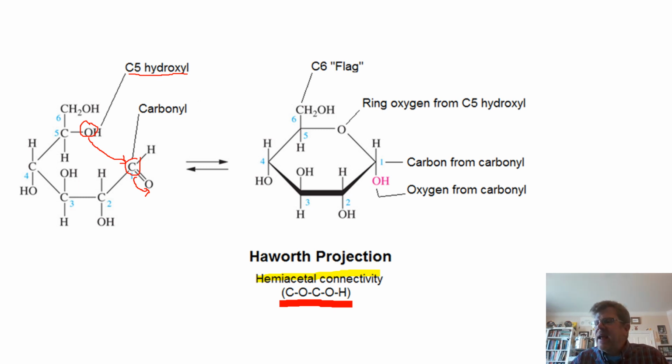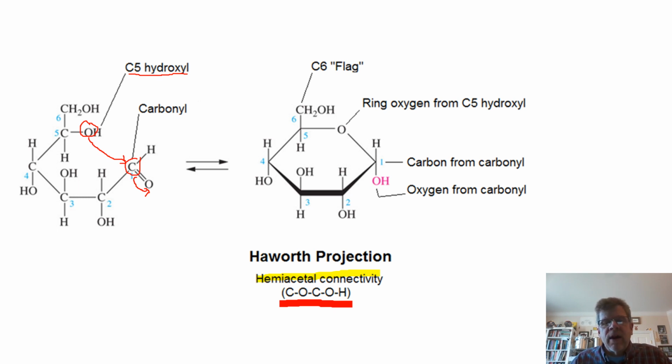So now in nature, we see a COCOH hemiacetal linkage. I'm going to draw that on the molecule on the right up here. So follow me: carbon, oxygen, carbon, oxygen, hydrogen. COCOH. Indeed, that is a hemiacetal linkage found in nature, in this Haworth projection.